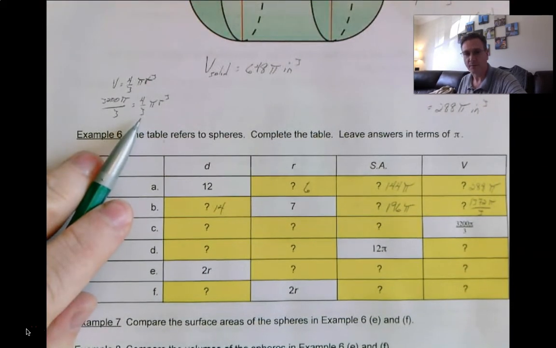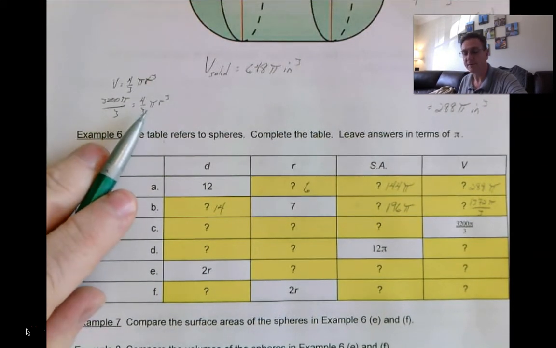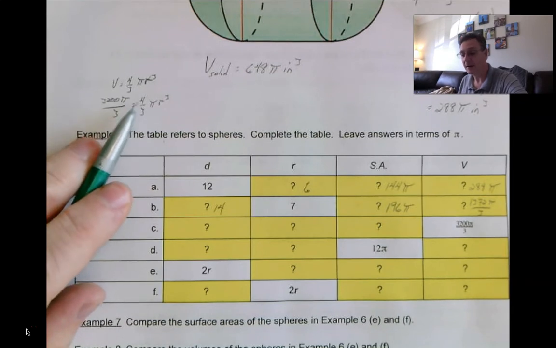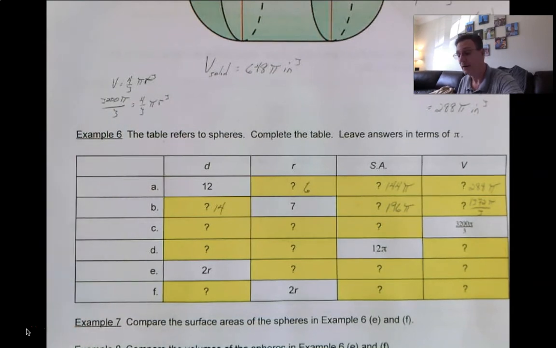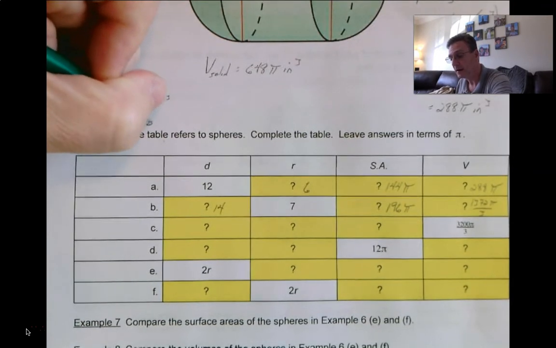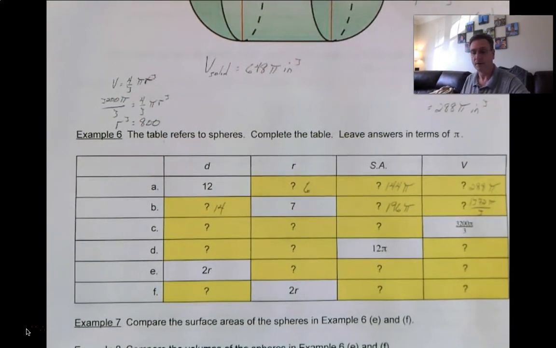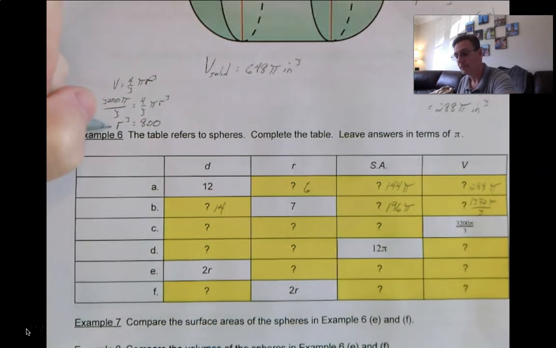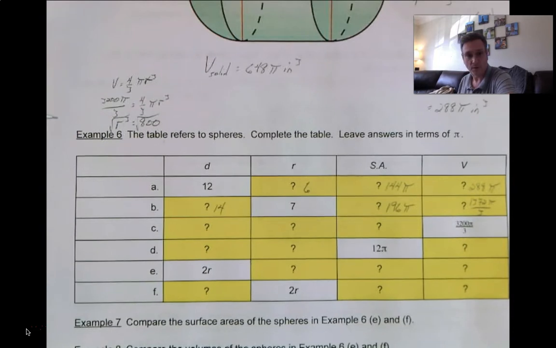So multiply both sides by 3, divide both sides by pi, divide both sides by 4, and I get r cubed is equal to 800. Okay? Well, what's the cube root of 800? Is what we want to know.